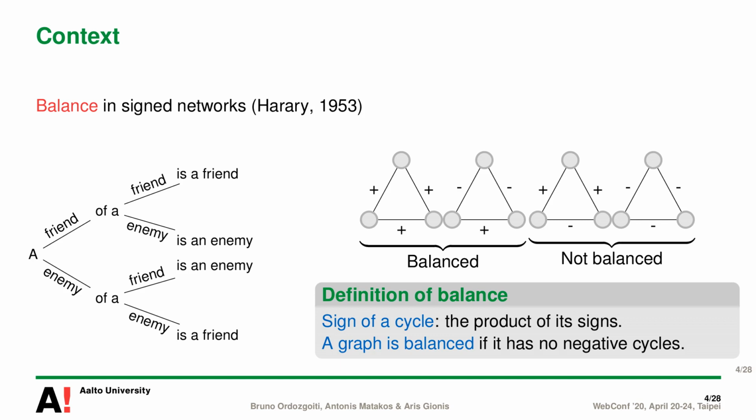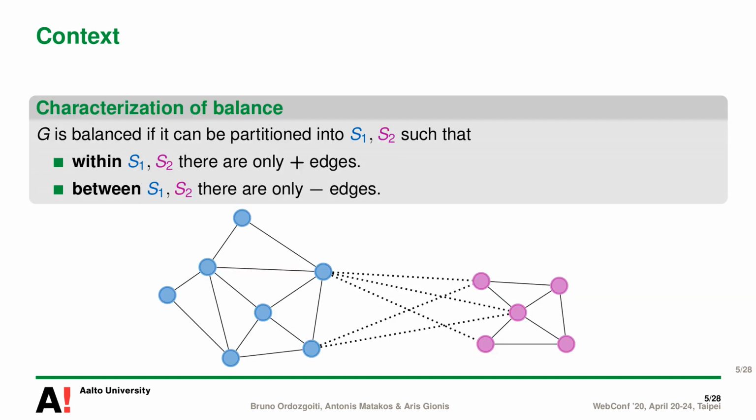So the formal definition of balance is as follows. We define the sign of a cycle to be the product of its signs, and we say that a graph is balanced if it has no negative cycles. A characterization of balance that is interesting to us in this context is the following.